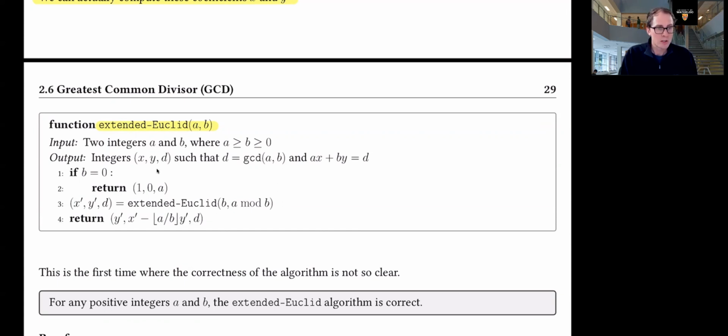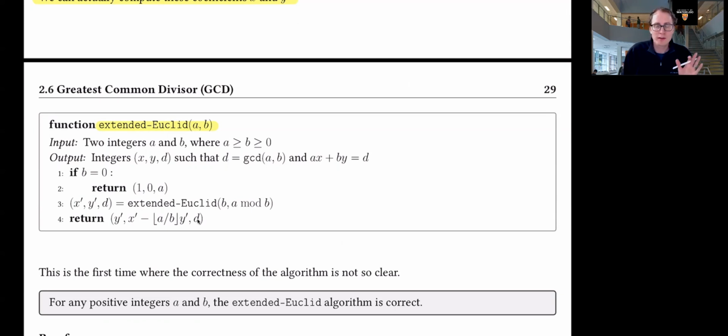So the first thing you can verify is, if you look back at the last lecture, the third argument here, D, is the greatest common divisor. And this logic looks identical to Euclid, right? If you just ignore the X and Y part, if the argument B is 0, you return A. Otherwise, you call Euclid on B, A mod B, and you return the result.